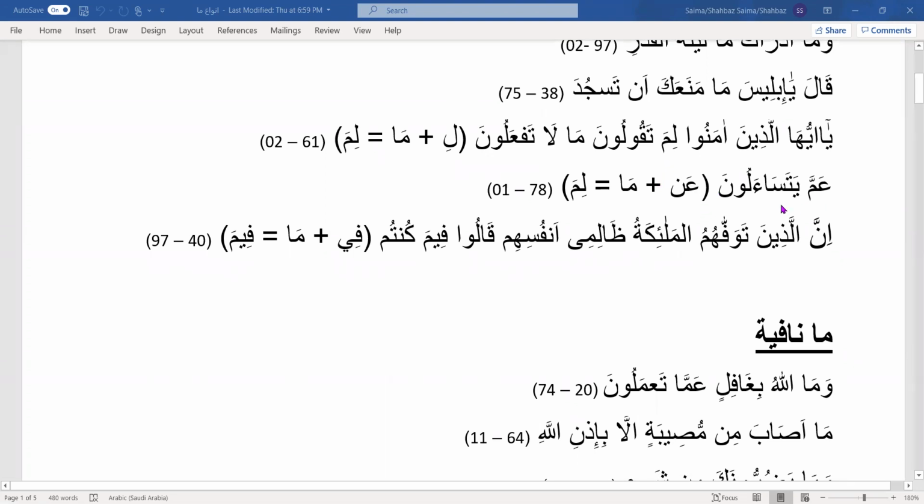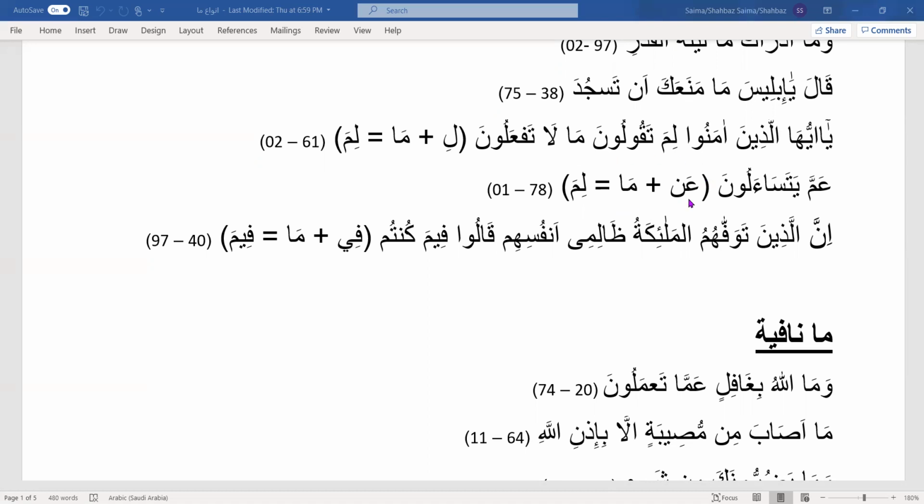Another example of the same thing. Amma yatasaalun. So this was what? Amma is made up of, I made a mistake here. This should be amma, not lima. So an plus ma should be amma. And an means about, ma means what?